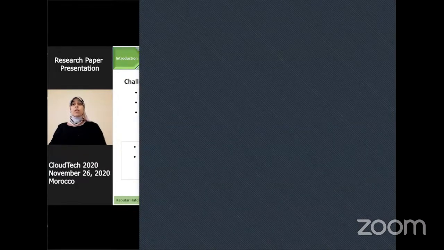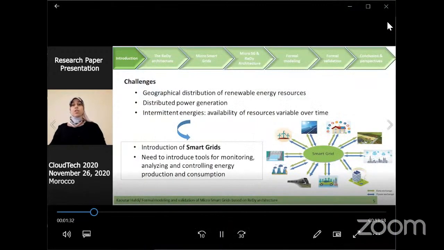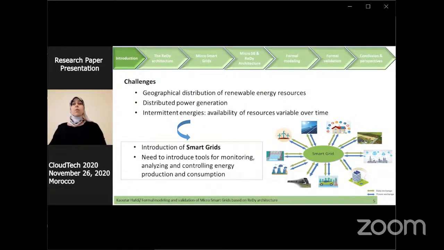The adoption of these renewable energies faces several challenges, namely the geographical distribution of the resources and of the power generation. On the other hand, renewable energies are said to be intermittent because their production depends on weather conditions.